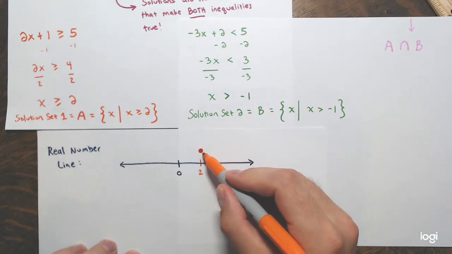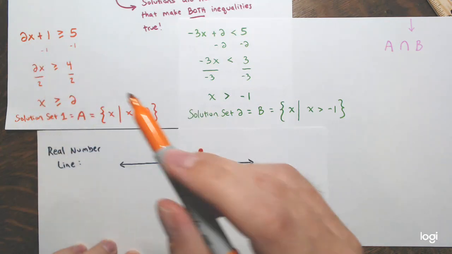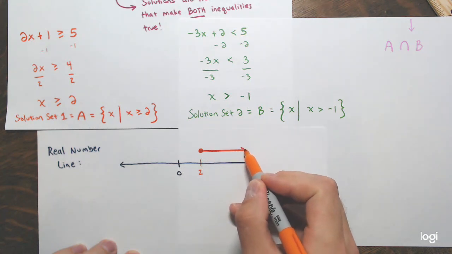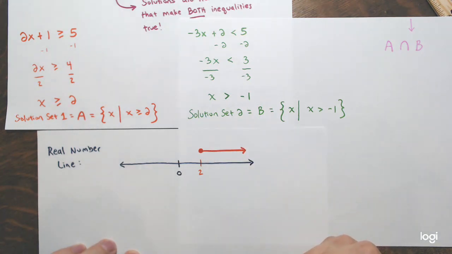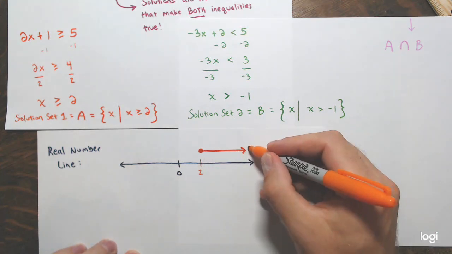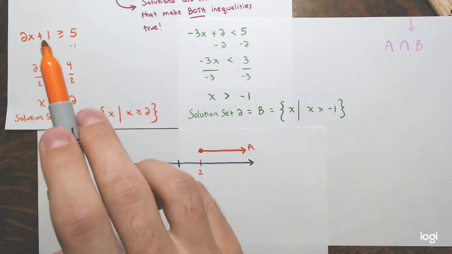I'm going to indicate that with a nice solid point to indicate that yes, 2 is a solution to that first inequality. And then all the numbers greater than 2, which are 3, 4, 5, all the numbers to the right of 2. So here's a picture of set A. And I'll put A next to it. All the solutions of that first inequality.